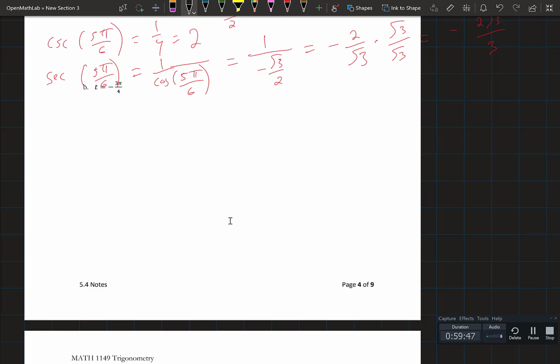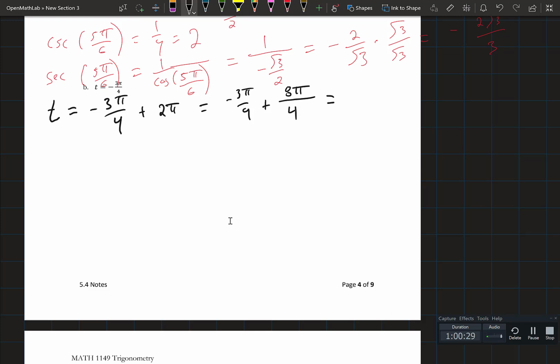Right. So just so you can see this, this is t equals negative 3 pi over 4. If I add 2 pi to this, that would be negative 3 pi over 4 plus, we want 4 to be on the bottom, so 8 pi over 4 would be equal to 2 pi.